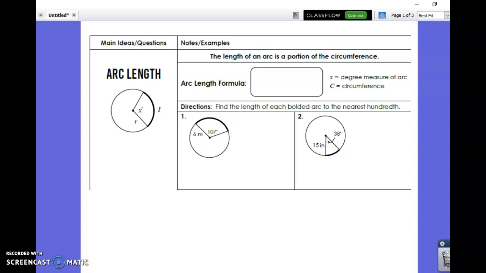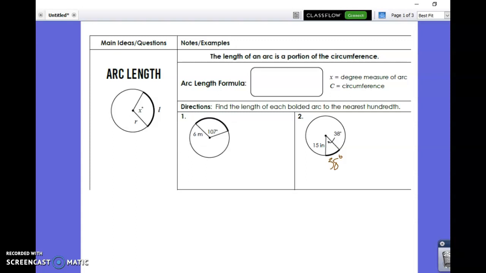All right, so for number 2, again, it's going to be the same thing. We know the radius here is 15, and we know the central angle is 38, so that means the arc is going to be 38 degrees as well. So again, we take it and plug it into the formula.